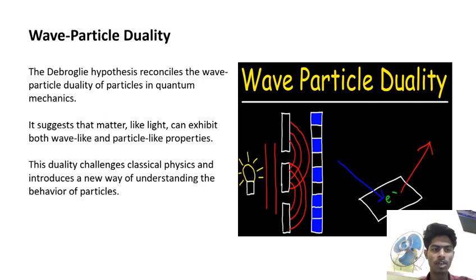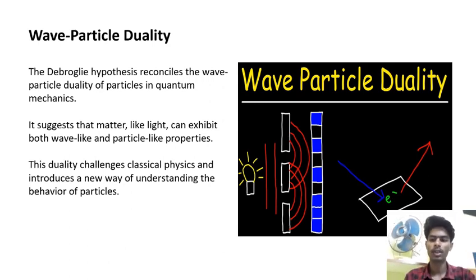Now we will discuss wave-particle duality. The de Broglie hypothesis reconciles the wave-particle duality of particles in quantum mechanics. It suggests that matter, like light, can exhibit both wave-like and particle-like properties.